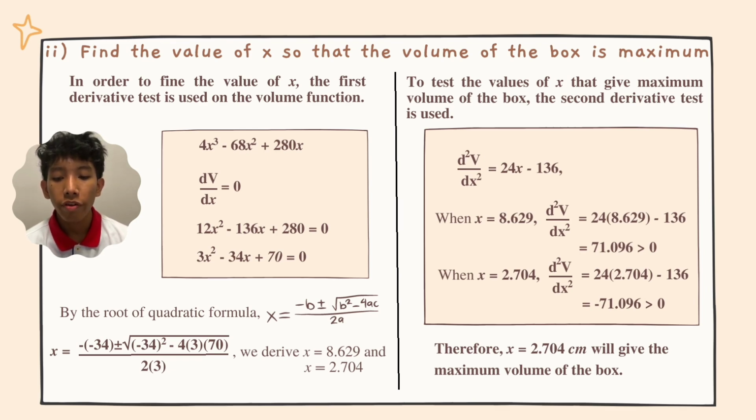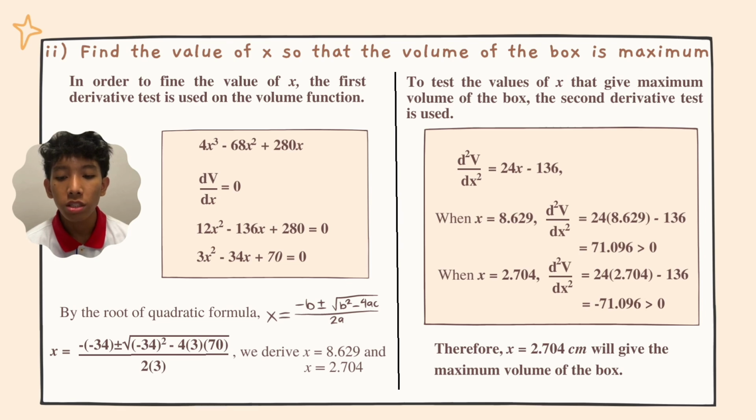We get two values of x, which are 8.629 and 2.704. After that, to test which value of x gives the maximum volume of the box, we can use the second derivative test.